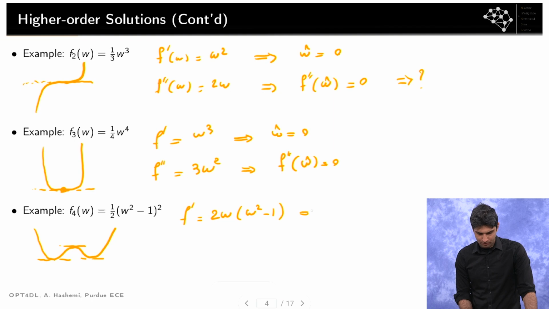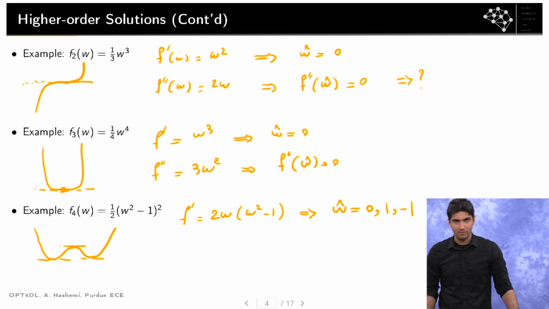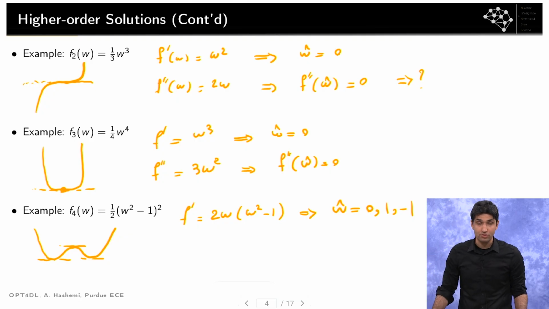If I set it equal to 0, I find that my first order solutions are basically w hat equal to 0, 1, and -1. So one of them is a local maximum, a very bad solution. Two of them, on the other hand, are global minima, so good solutions.